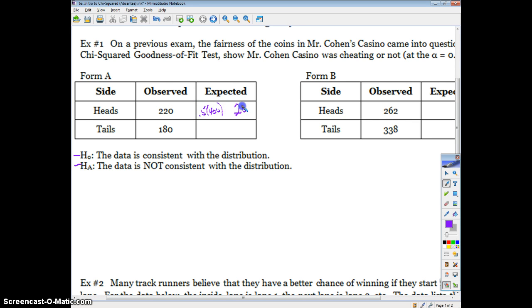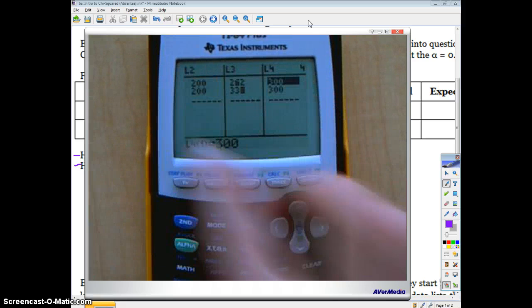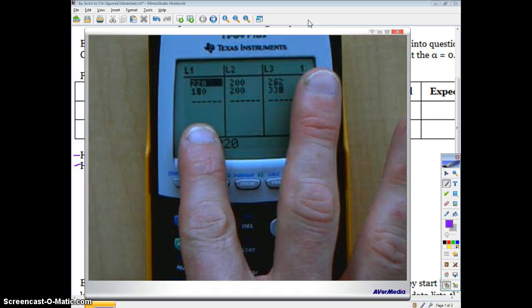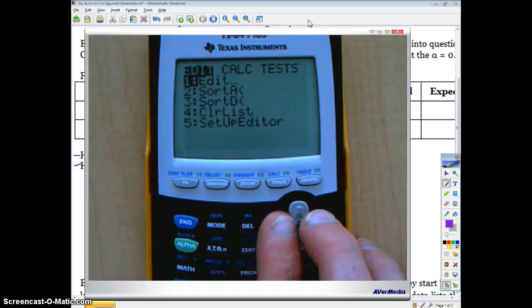That means we would have 200 heads and 200 tails. Here is what we did. I plugged my data into L1 and L2, observed and expected.